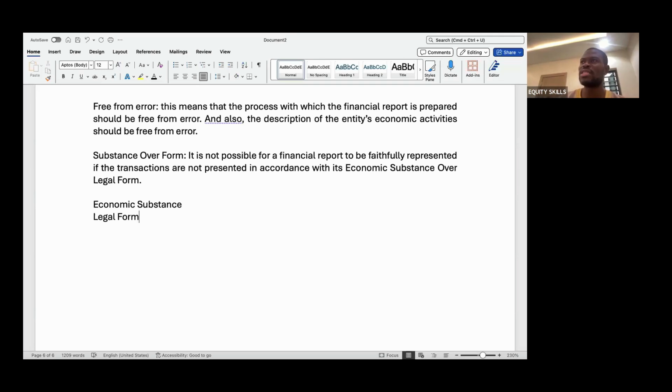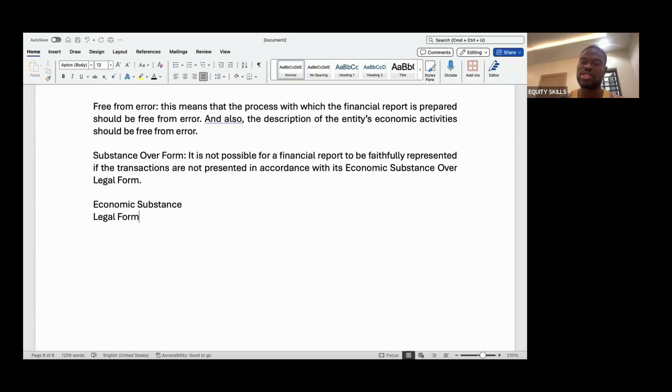So the economic substance will say that this asset is making money for you. So put it in your books as your asset. But the legal form will say legally, this asset is not your own. You should not put it in your books. It's not your asset. Hence, there is a conflict between economic substance and legal form.